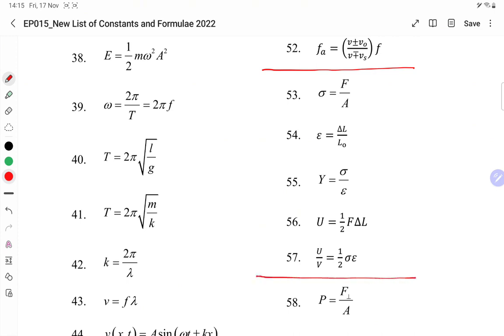So 53 is the formula for stress, 54 is strain, 55 is Young's modulus, 56 is the strain energy, and 57 is strain energy per volume.